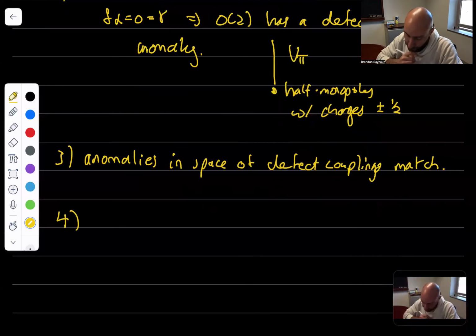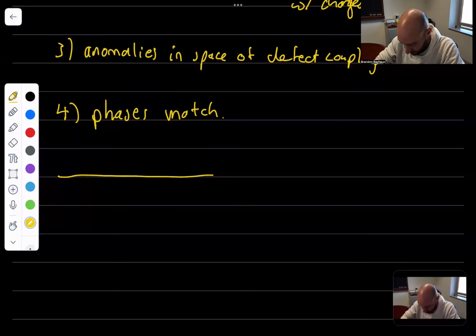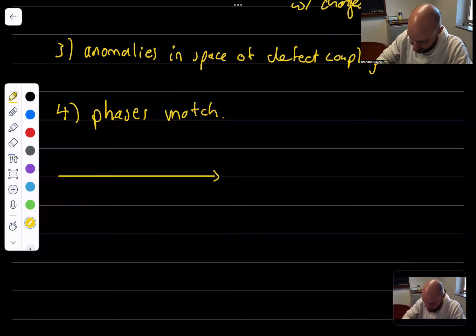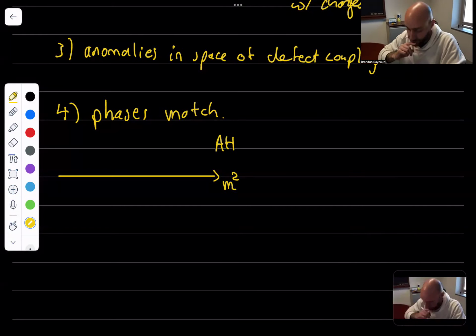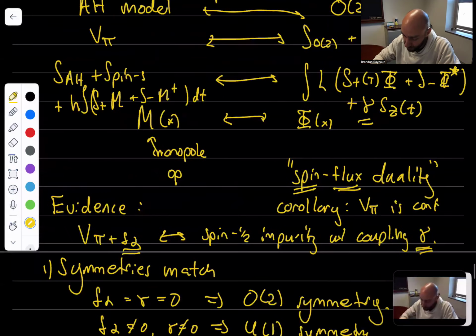And finally, the phases match. What do I mean by this? You can consider what happens to the vortex line as you deform the bulk mass, let's say in the abelian Higgs model. This is the last thing I'll say and I'll stop. As you tune the mass to be very positive in the abelian Higgs model, what happens?